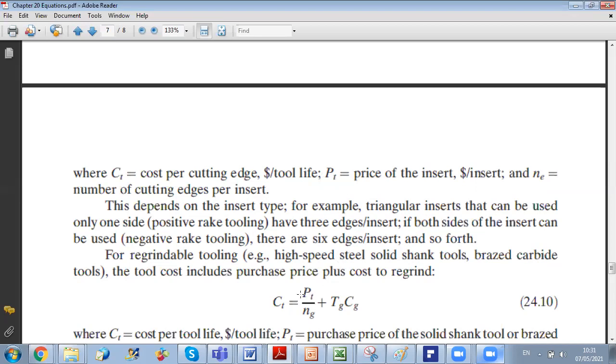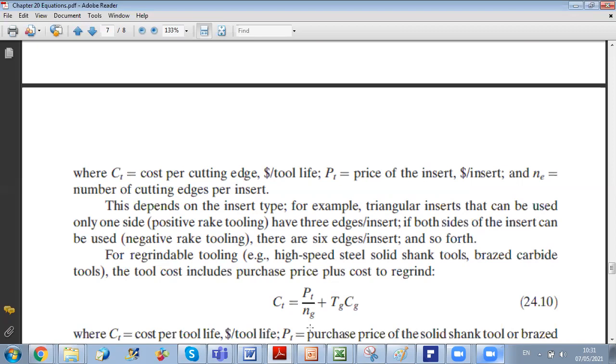And then after obtaining this value PT over NG, you should also take into account in this cost the cost required for the grinding operation, because you know that sometimes, for example, an edge can be used even if it has a certain failure or a certain wear, you can repair this by grinding it.